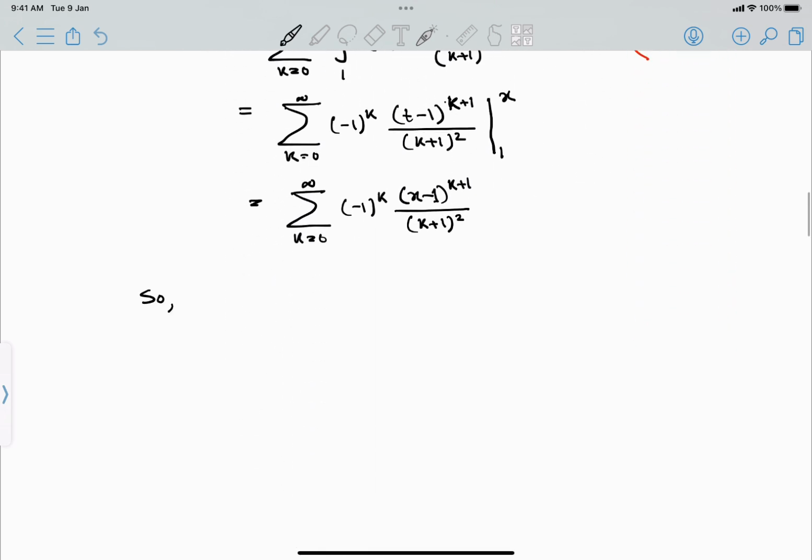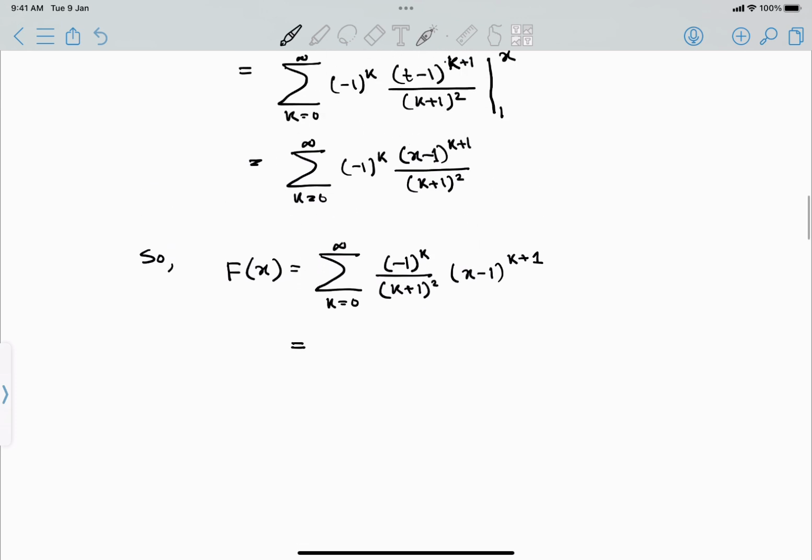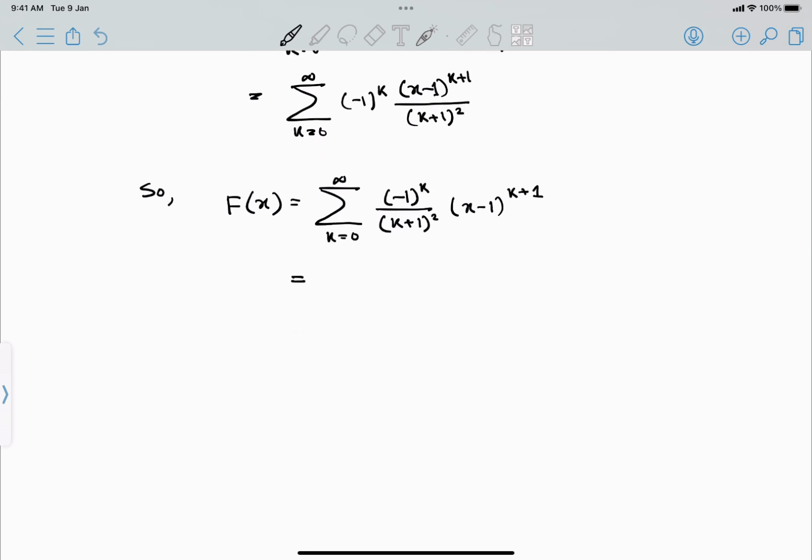So f(x) is the summation k equals 0 to infinity of minus 1 to the power k over (k plus 1) squared, times (x minus 1) to the power k plus 1. Right, so we'll get this form. Note that this is exactly the Taylor expansion of f about the point 1. For k equals 0, we get x minus 1.